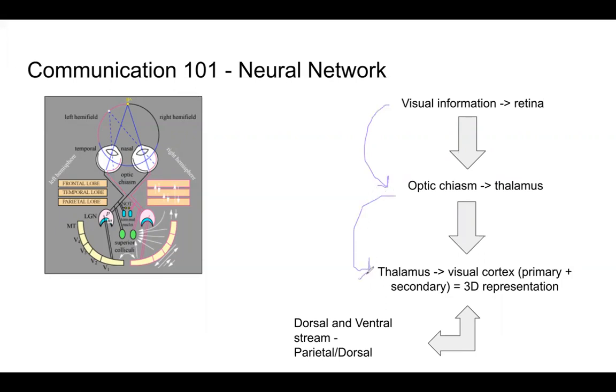Then this also goes to the hippocampus, the parietal lobe through neural tracts. But all of these chains put together form a neural network. So a neural network is the basis of processing how something looks. So it's like a combination of neural tracts coming together to actually make sense of an object.